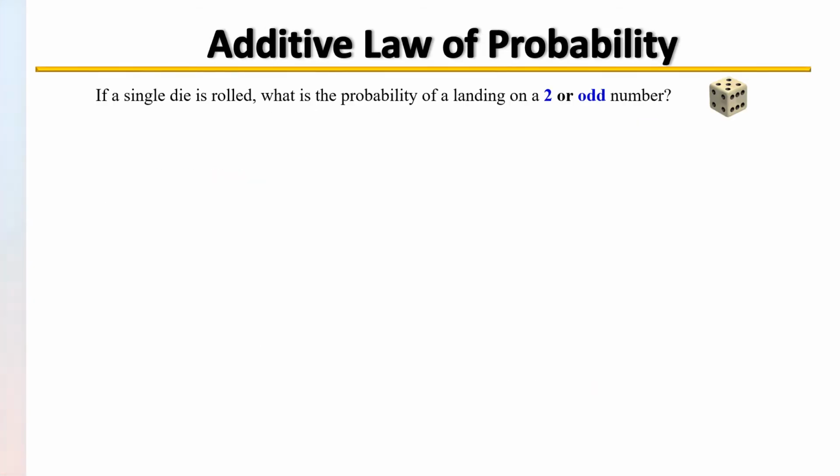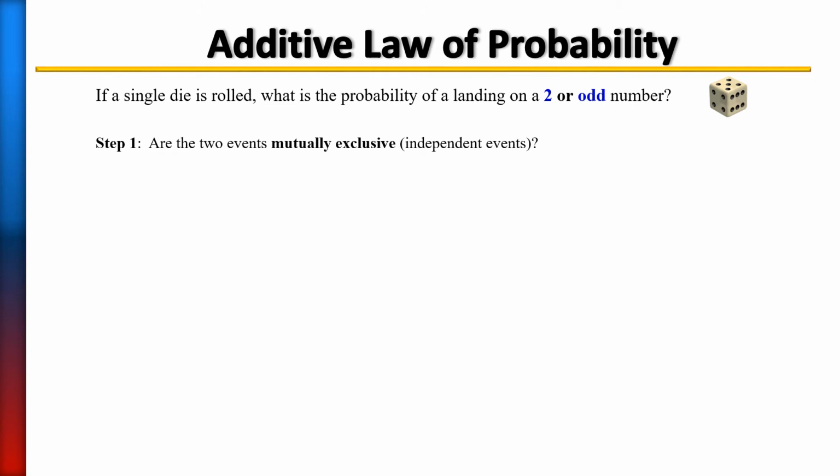Let's do an example. If a single die is rolled, what is the probability of landing on a 2 or an odd number? So the first thing we have to ask ourselves is, is this a mutually exclusive event? In other words, can you land on a 2 and an odd number at the same time? If you can, then it is not mutually exclusive. If you cannot do that at the same time, then it is mutually exclusive, or independent events.